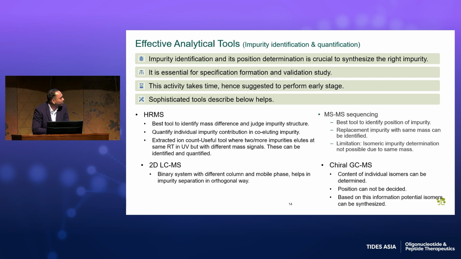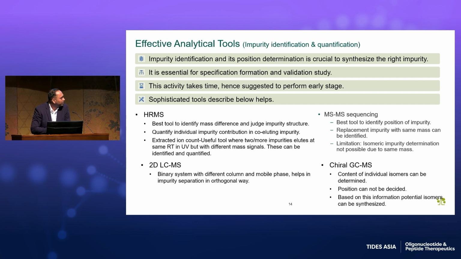So for isomeric impurity, typically the primary method is chiral GCMS, where you identify the individual isomer. But this is a very controversial method, because when you do peptide bond breaking with 6-normal HCl, racemization or inversion of configuration is possible, and you might get an isomer because of analytical error.